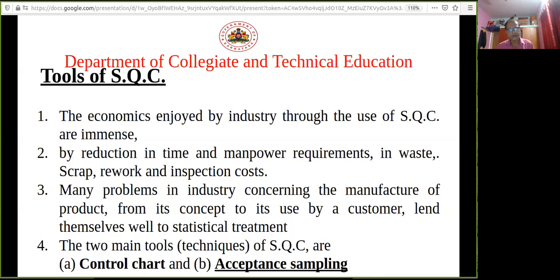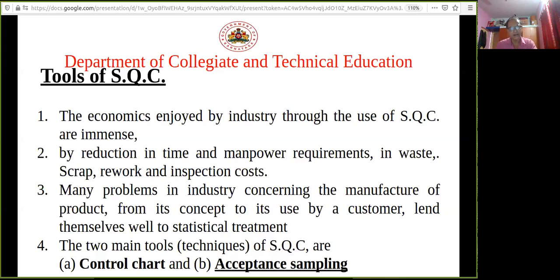So what exactly is a control chart? There are the control charts and the attribute sampling. It is a descriptive type of statistical quality control.